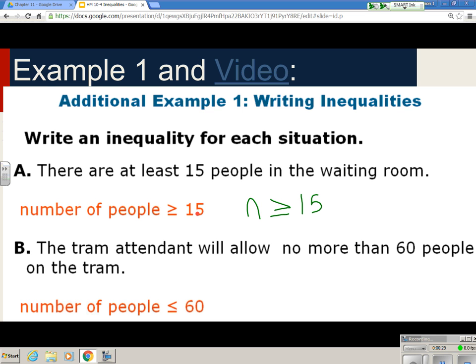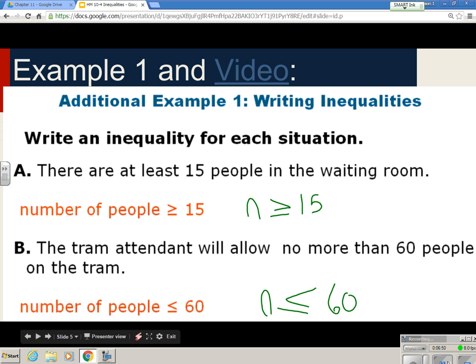If you look at your table, you'll see that no more than means less than or equal to the number that we have, which is 60. Now again, we could use n as a variable as well. So we can write these as algebraic inequalities just as easily as regular inequalities. All I did is I changed the words to a variable. Get these written down before moving on.